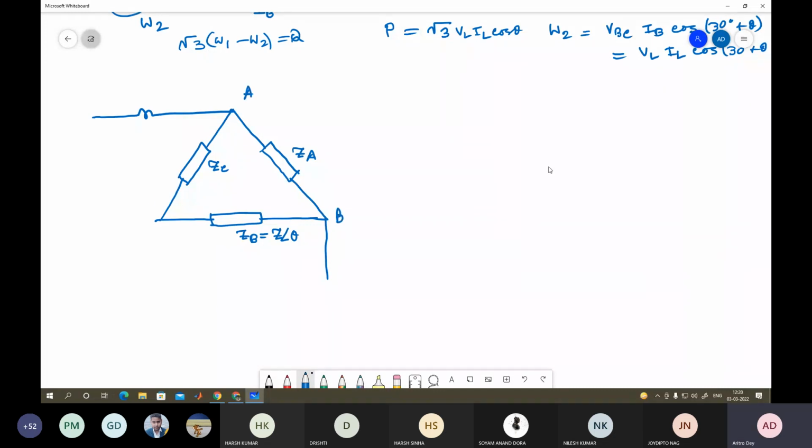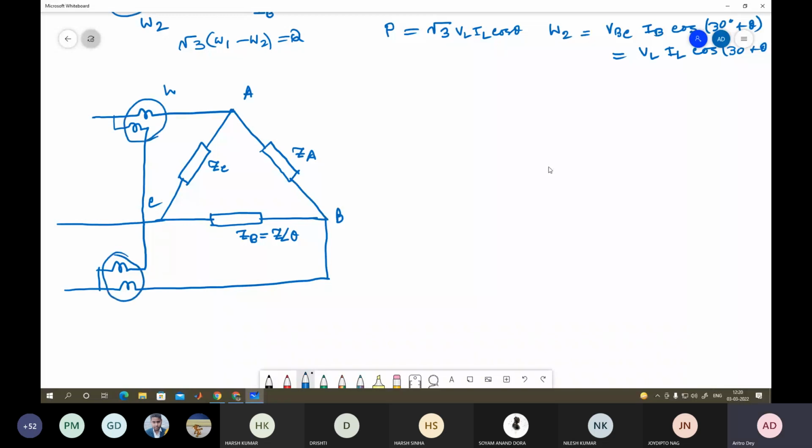A, B, C. So here your wattmeter W1 and this is your W2. The pressure coil is connected between A and C. So what is VAC? VAC is equal to your VL, right? This is the delta connected load. So VL is equal to V phase.